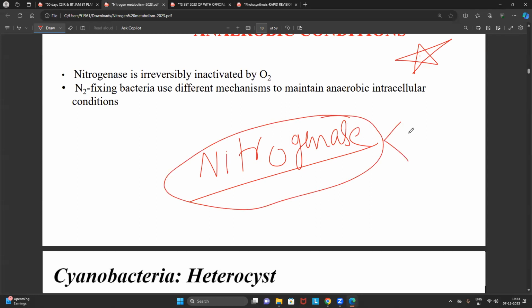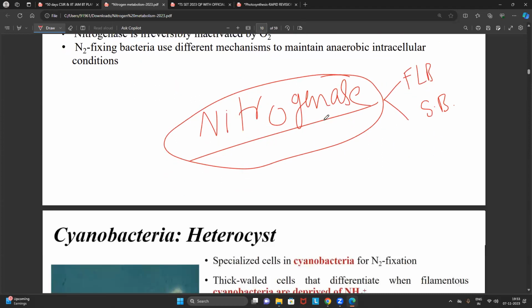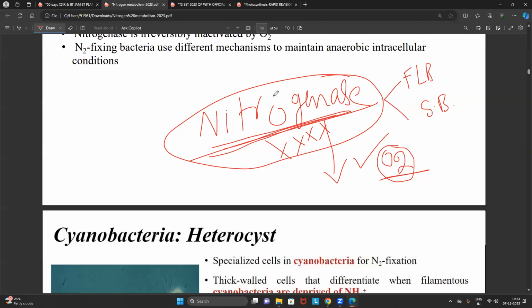This enzyme is present inside the free living bacteria also, inside the symbiotic bacteria also. Now what's the point? If there is a high level of oxygen, this enzyme automatically gets inactivated. Remember my words. This enzyme is sensitive towards oxygen. Presence of oxygen will inactivate the subunit of the nitrogenase enzyme. By that, the nitrogenase enzyme will get inactivated.